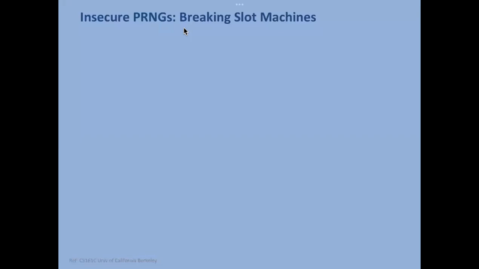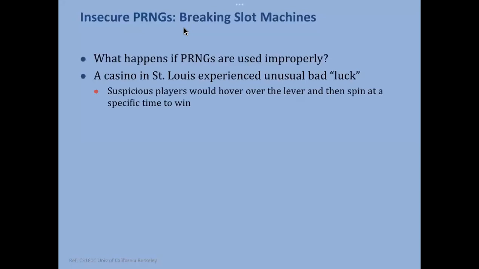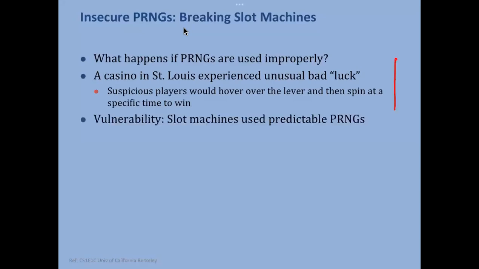In practice, you'll very often find examples wherein a random number generator didn't work. It happened once at a casino in St. Louis, where players found out that if you pull the lever after a certain delay, then you can win. As a result, the casino lost a huge amount of money.